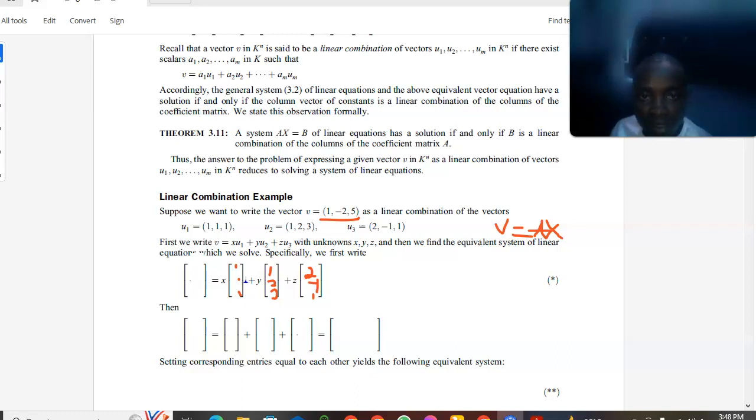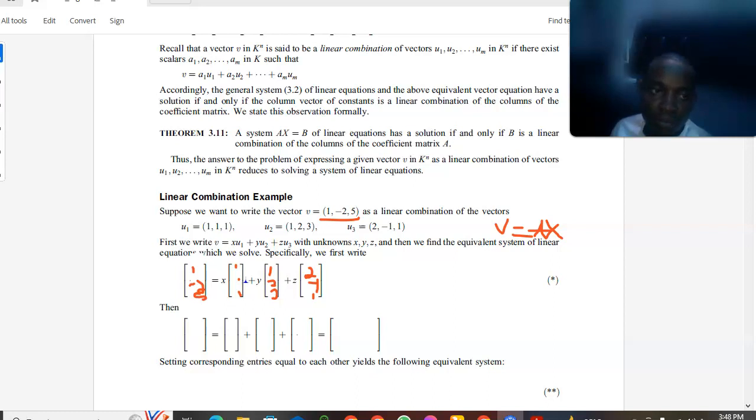Do not forget that we are expressing v, which is (1, -2, 5), as the linear combination of all these.